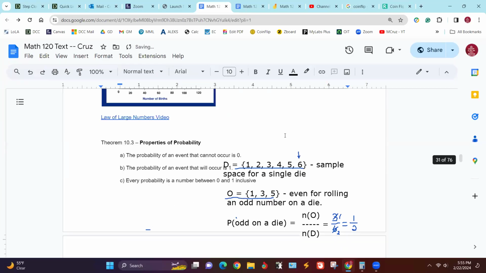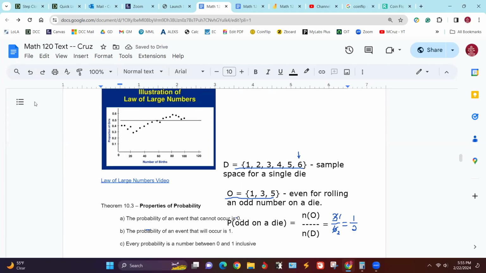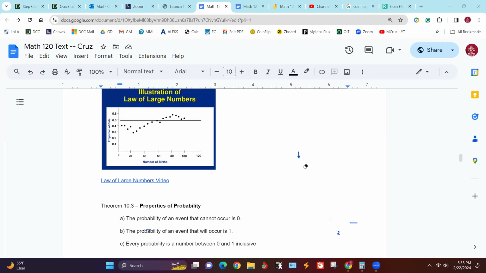Okay, so probabilities have certain properties. I'm going to come back and show you that little video in a minute, because it'll be nice to help you get through some things or understand what's going on. There's nothing really in it that you're tested on, but it helps with understanding.